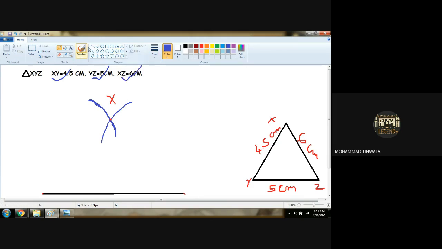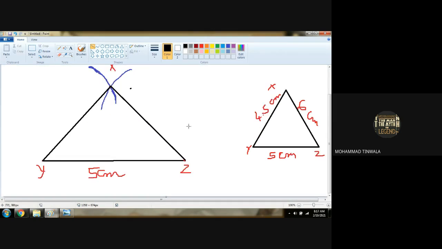Now we have to simply join both the points, X to Y and X to Z. So your construction, with XY 4.5 centimeter and XZ 6 centimeter, your triangle is ready.